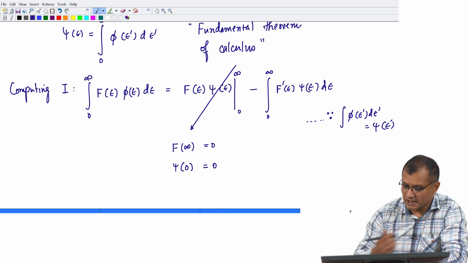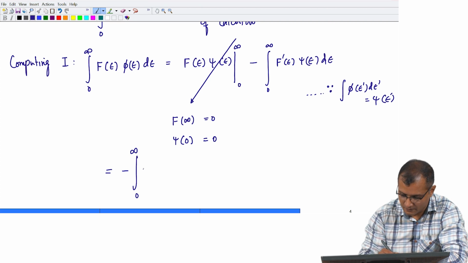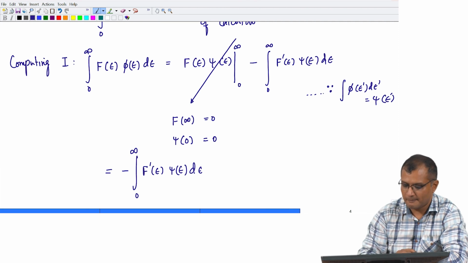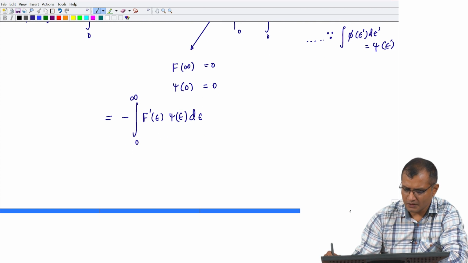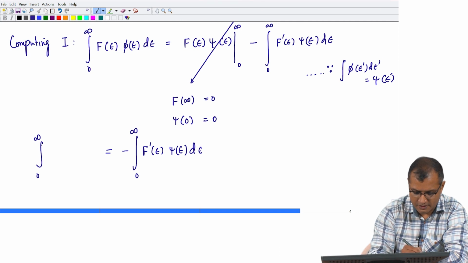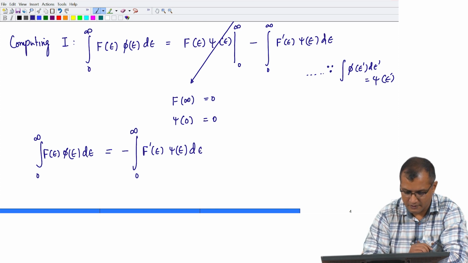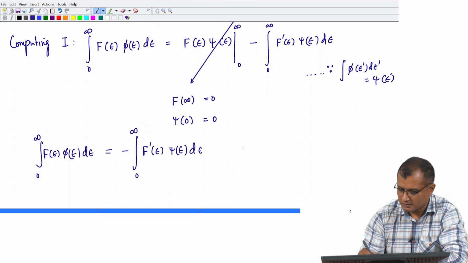So, that pushes the first term to 0, leaving me with the second term alone, which is negative integral of f prime psi dE. So, now our left hand side is basically the integral 0 to infinity f(E) phi(E) dE. So, let us call this equation number 8.